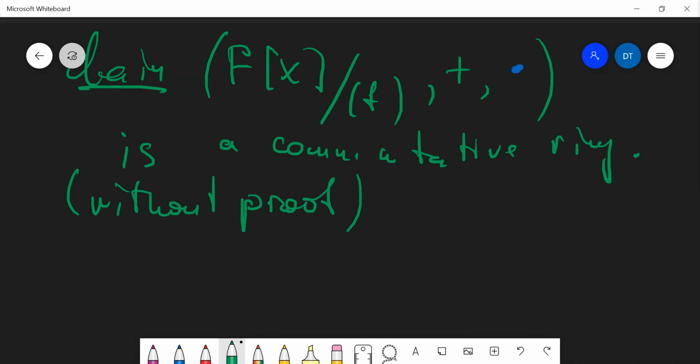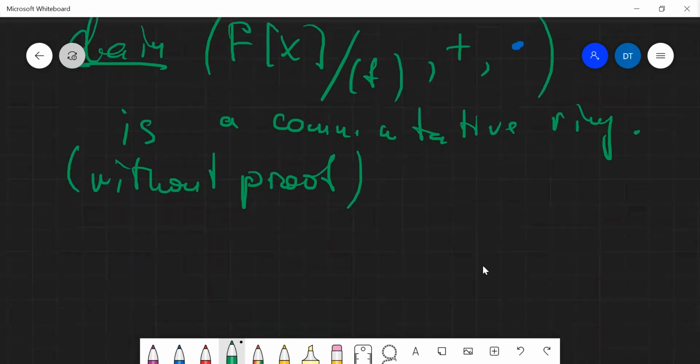But we will check the properties during the seminar. So I just don't want to prove this. But just believe me, this will be a commutative ring. The most interesting part is that all the operations here are well defined and all the properties are satisfied. So it's just a very boring computation that everyone can do. So now, what is the zero element here?